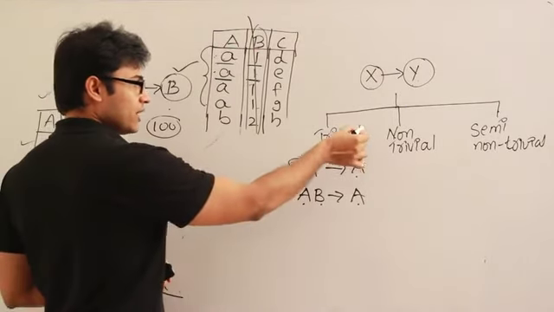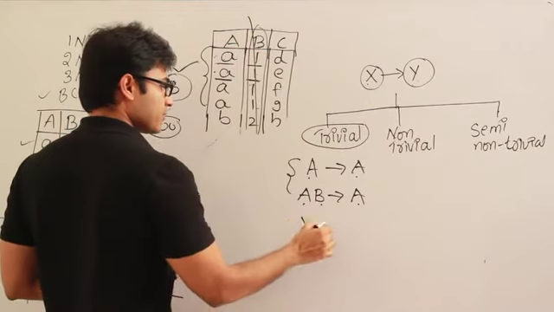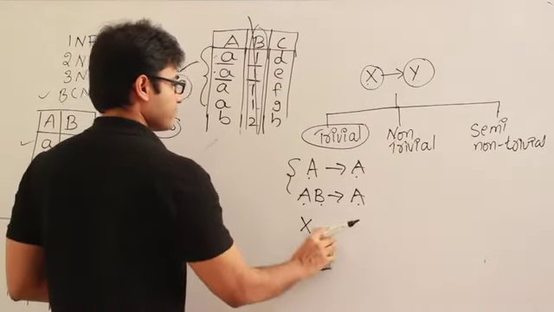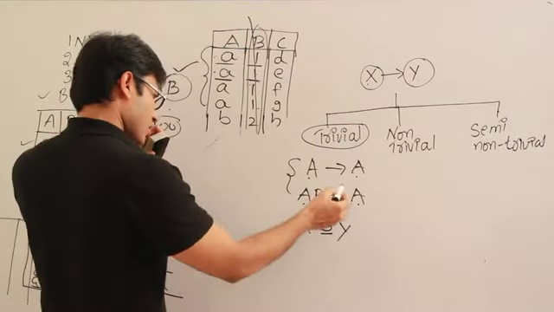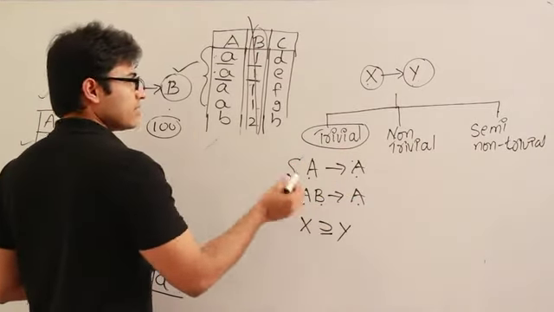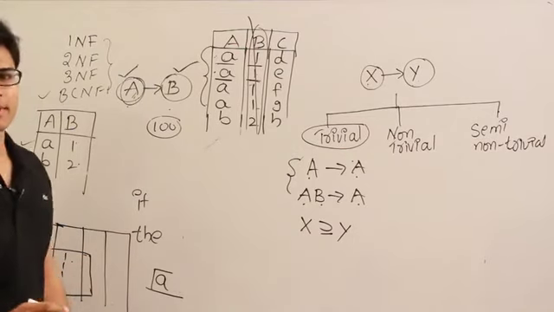This trivial definition falls under the category whenever X is a superset of Y, which means whatever is present on the right hand side, if it is already present in the left hand side, then it is a trivial dependency, and we are not really interested in trivial dependencies.